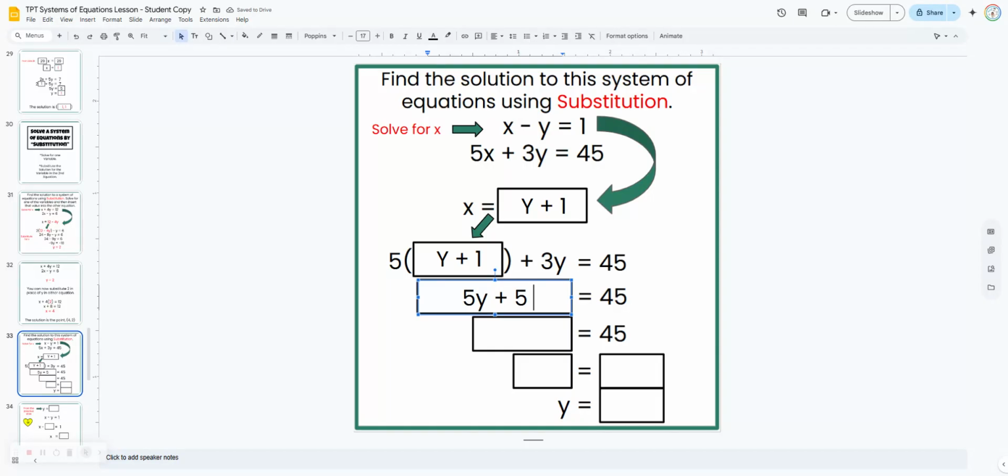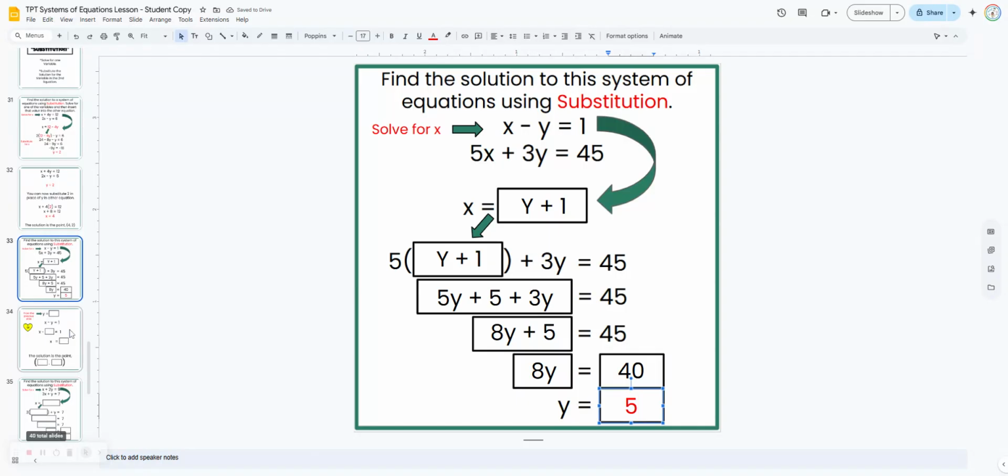And actually, I've got a 3y here. I need to add that. So 5y plus 5 plus 3y equals 45. I'm going to combine like terms, so I get 8y plus 5 equals 45. Subtract 5 from both sides. 8y equals 40. And if I solve for y, I get y equals 5.